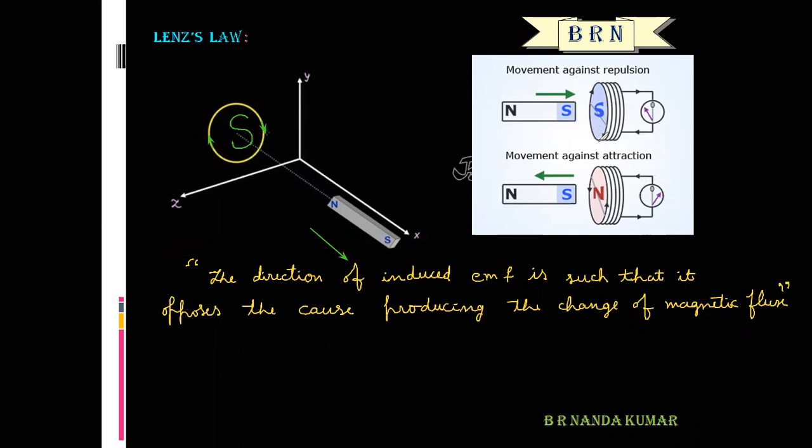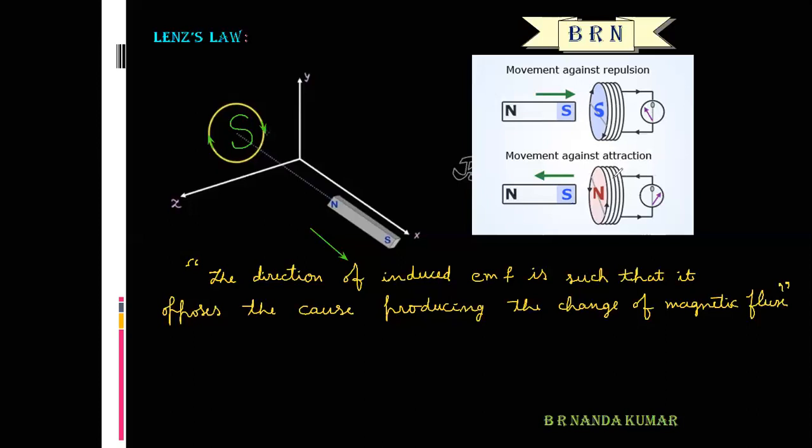Now the face of the coil just behaves like a south pole, and this opposes the further change of the magnetic flux. Is it not? Suppose the south pole of the bar magnet is taken away from the coil. The number of magnetic field lines passing through the turns of the coil will change, and the EMF produces an induced current flowing in the anti-clockwise direction.